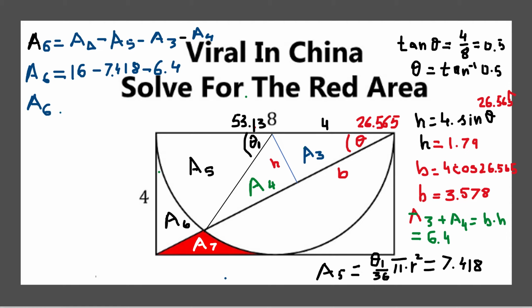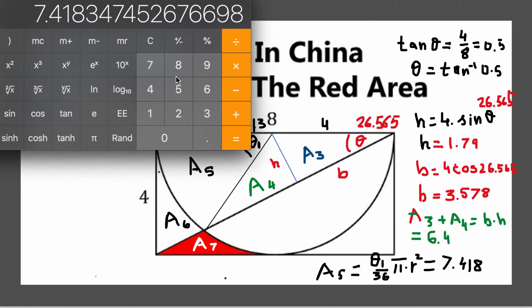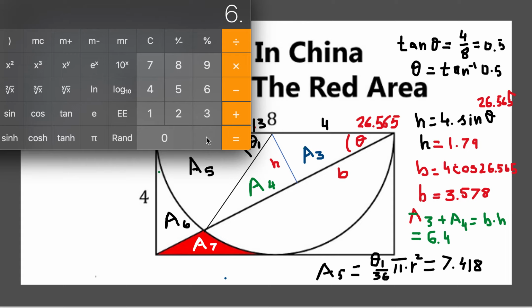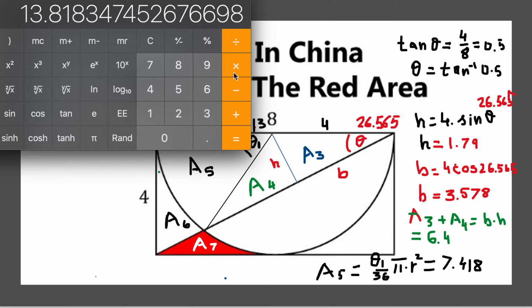Let me use a calculator here and we can find it. So A6: I have 7.41, this is A5, plus 6.4, the areas 3 and 4, and let me take out the 16.